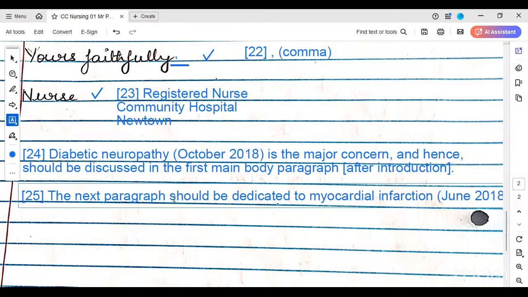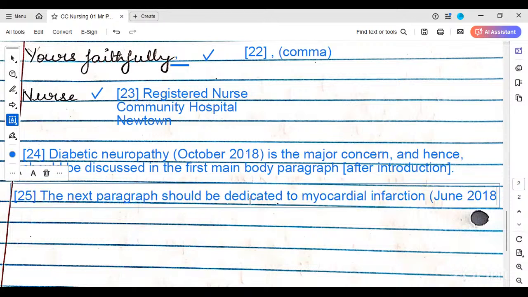It should also be dedicated to myocardial infarction and, at the same admission, atrial fibrillation. Yeah, that is the 25th point.